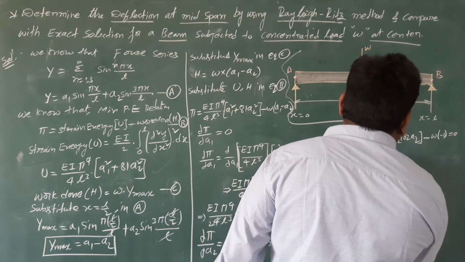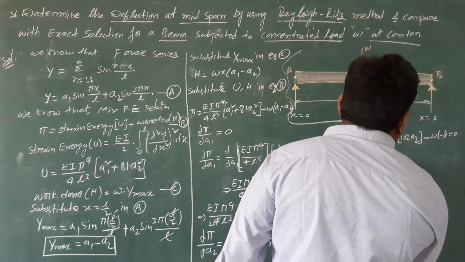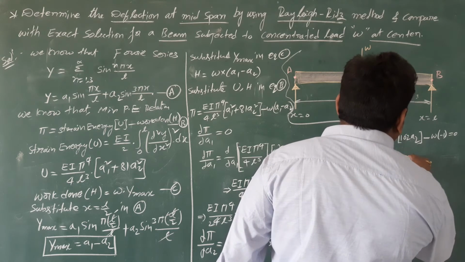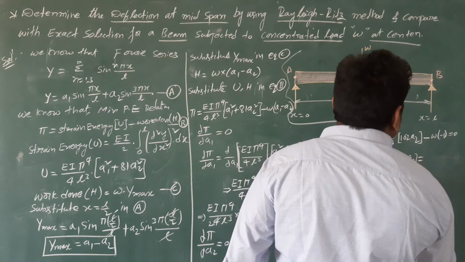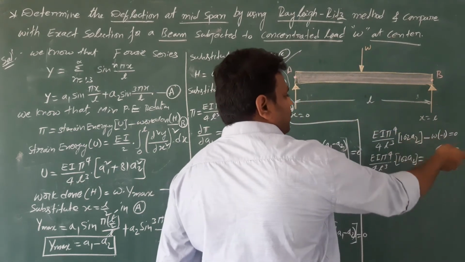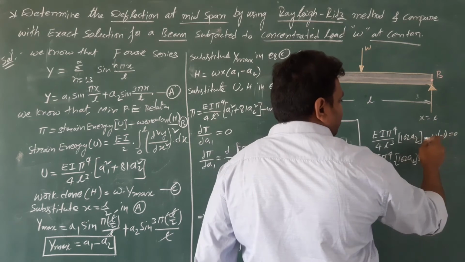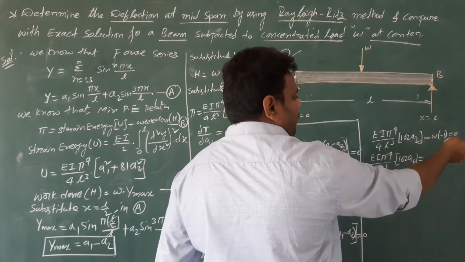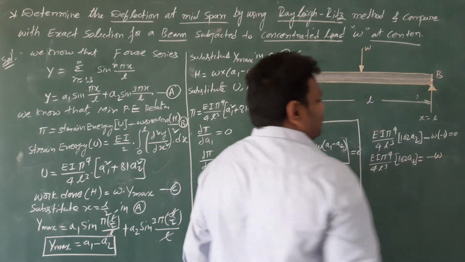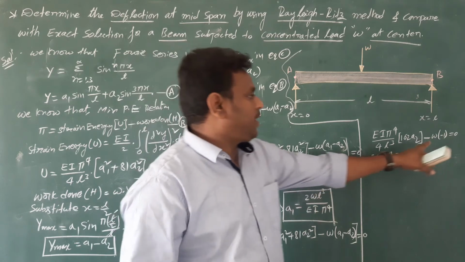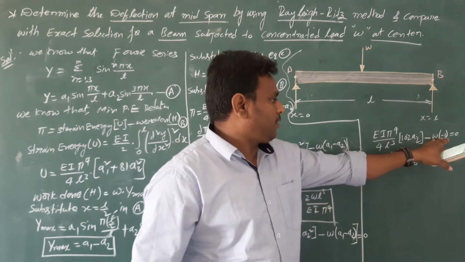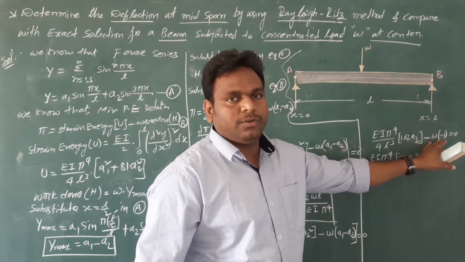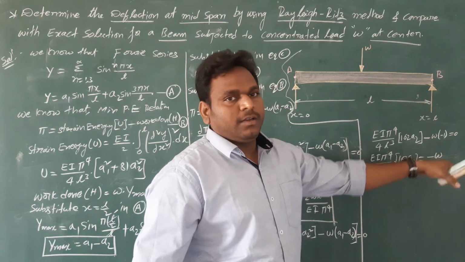EI pi power 4 by 4L cube into 162 a2 is equal to W. I am sending this positive W to the other side, so we will get minus W here.